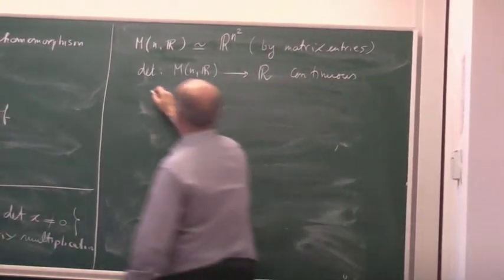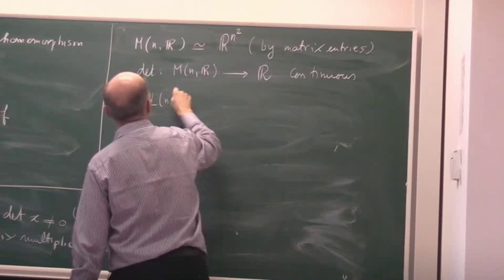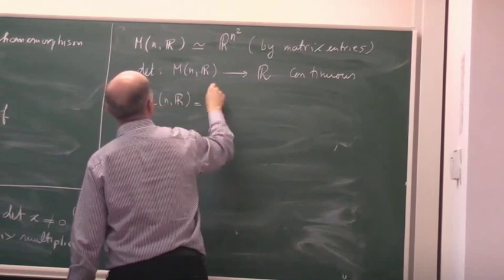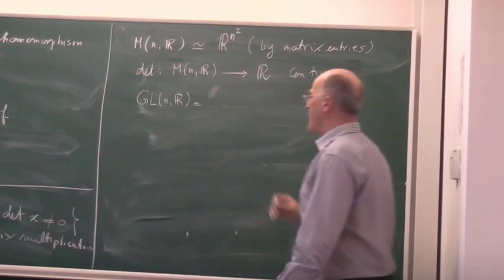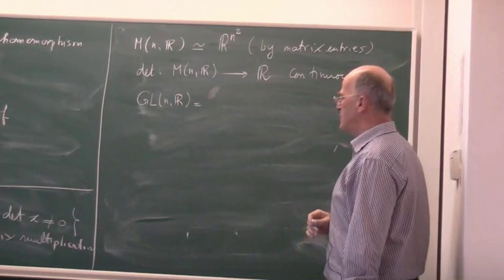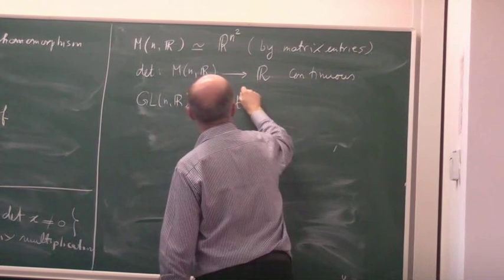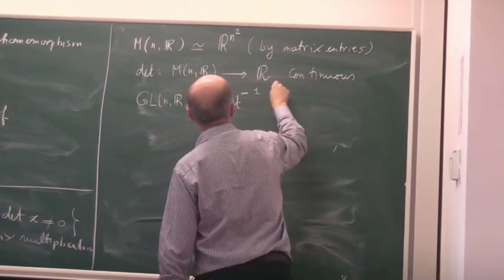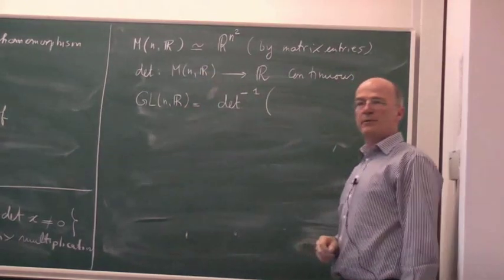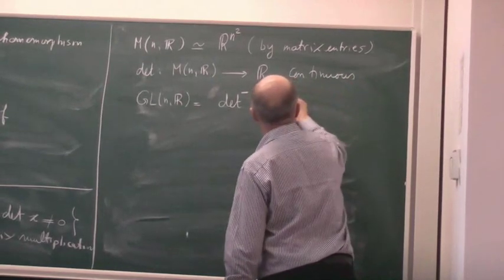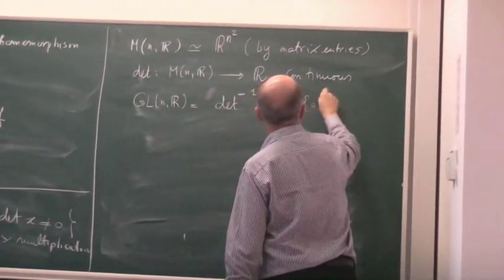Now GL_n(R) is really defined as those matrices whose determinant is non-zero. In other words, it may be viewed as the pre-image under the determinant map of the set of real numbers with 0 excluded.